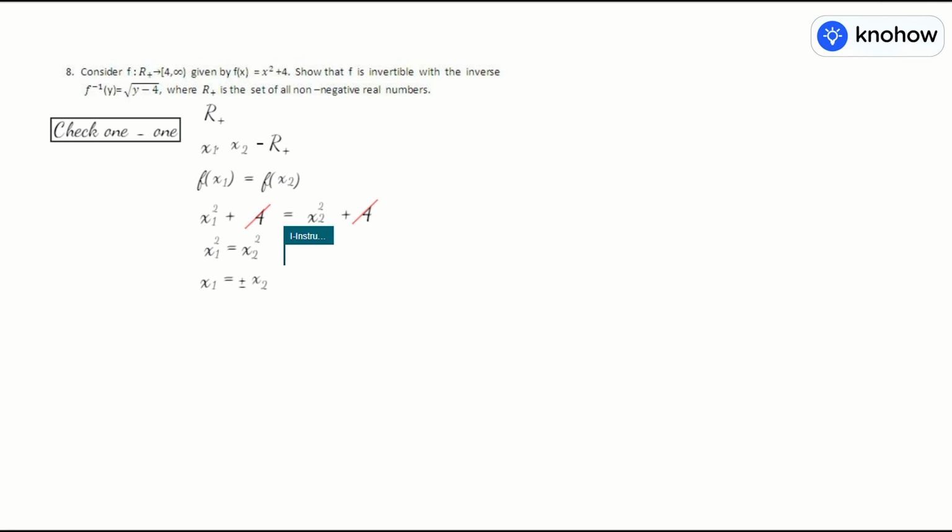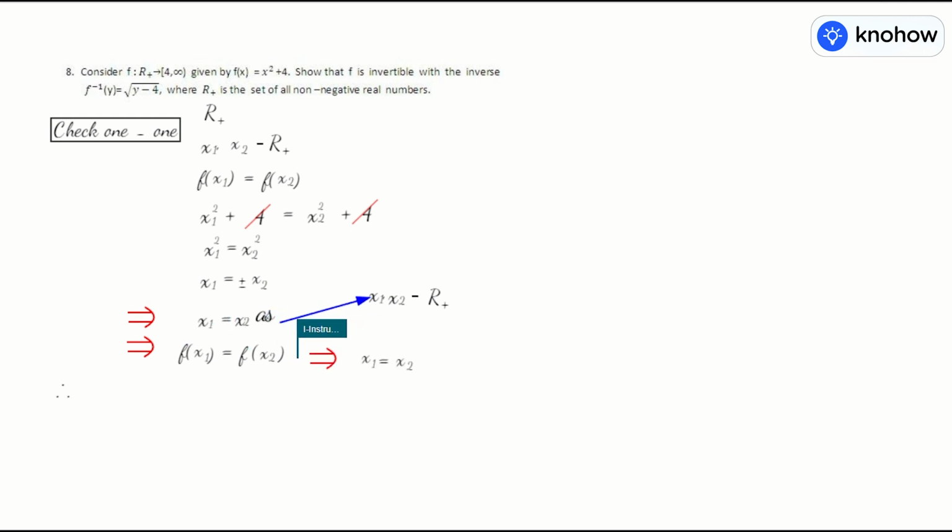So now x1 and x2 both being non-negative real numbers, x1 cannot be negative. If x2 is positive, x1 can't be negative of x2. So the only possibility is that x1 = x2, as x1 and x2 are positive numbers. So f(x1) = f(x2) implies x1 = x2. So you may safely conclude that f is a one-one function.